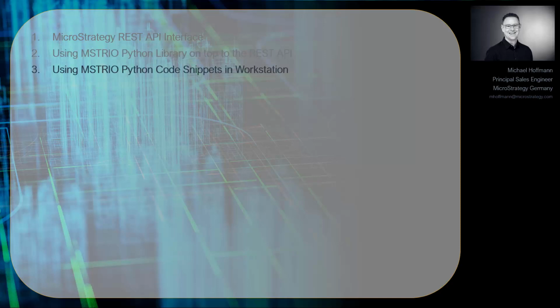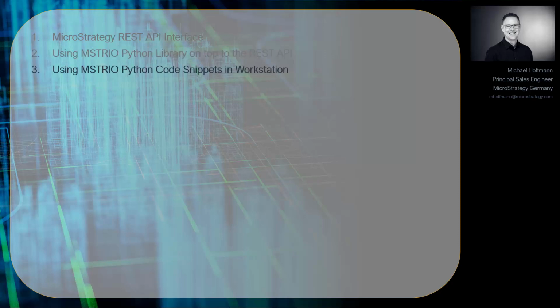I give you a quick introduction of the REST API, but then we will go to MicroStrategy IO. This is the Python library that is available on top of the MicroStrategy environment, and with that, you can work directly against the REST API. This makes it very easy to work with the objects and the relationships that are part of the MicroStrategy environment.